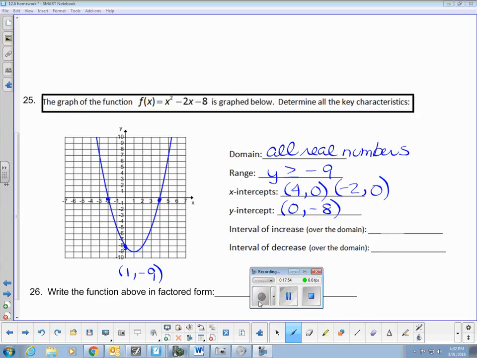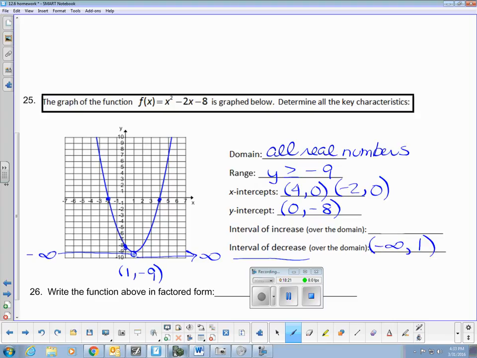And so finally, I want to find my interval of increase. Again, we want to remind ourselves that's over the domain. So we'll start with the interval of decrease. That's from negative infinity to 1.